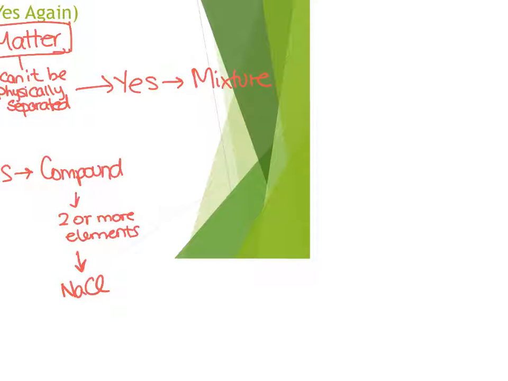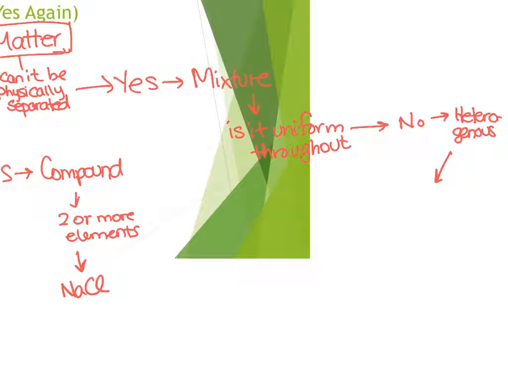What about your mixtures? What's the next question we have to ask ourselves? Is it uniform? What if it's not? It's heterogeneous. All right, if it's heterogeneous, we had two options. Do you remember what they were?